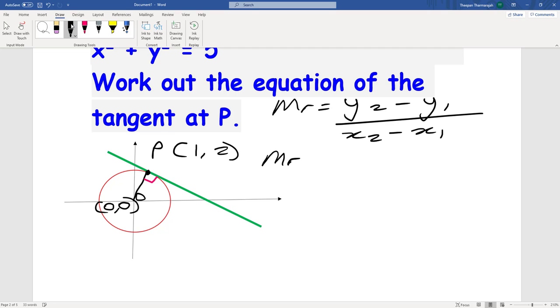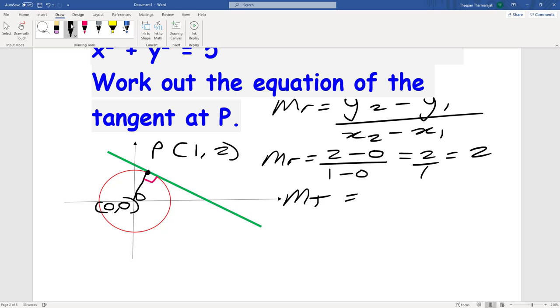So MR is going to be 2 minus 0 over 1 minus 0. That's going to be 2 over 1, which is 2. Then the gradient of the tangent, remember, is minus 1 over the gradient of the radius. So it's minus 1 over 2, so we get minus a half.